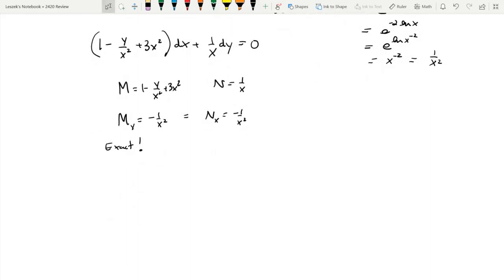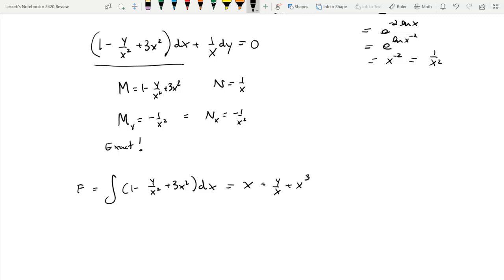Okay, so now I'm just going to anti-differentiate. I'm going to find f by anti-differentiating this with respect to x. Okay, that's good. And then instead of a constant, we're going to get a function of integration, a function of the other variable, y.